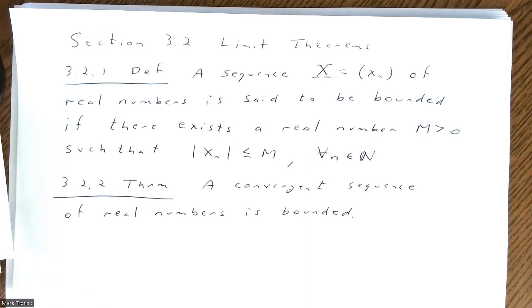Because again, remember, if it converges, its tail converges toward the end, and really nothing in the first finite number of terms can make it unbounded because they're all real numbers. Even if you have 1,000,000 terms at the beginning of the sequence, they have to be some real values.